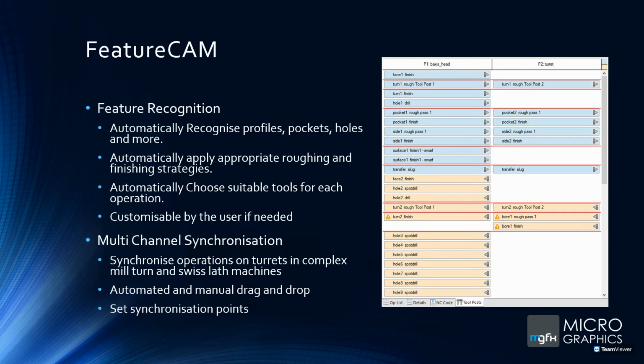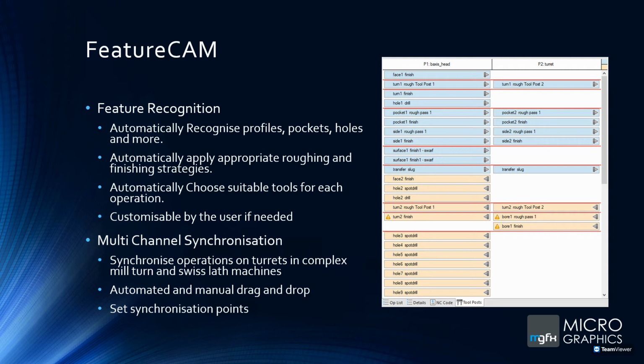And if we have a look at the first synchronization there, turn 1 rough tool post 1 and turn 1 rough tool post 2, we're essentially turning a part using tool post 1, possibly from the top of the part, and tool post 2, maybe machining on the bottom of the part. And as the part spins, each of those tool posts is removing material at different depths to achieve the final roughed part.